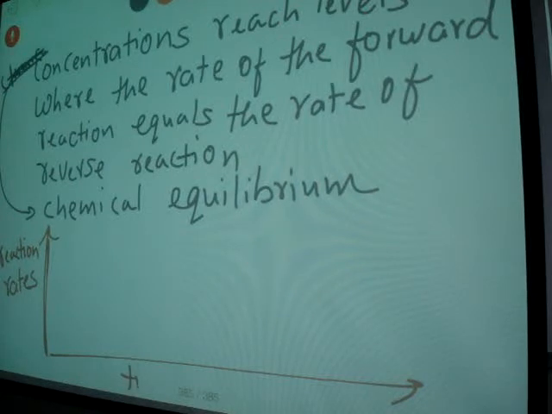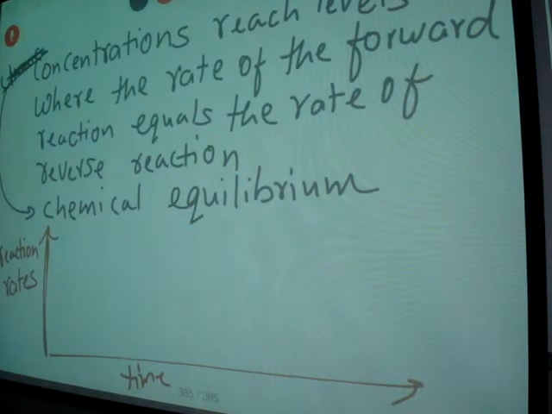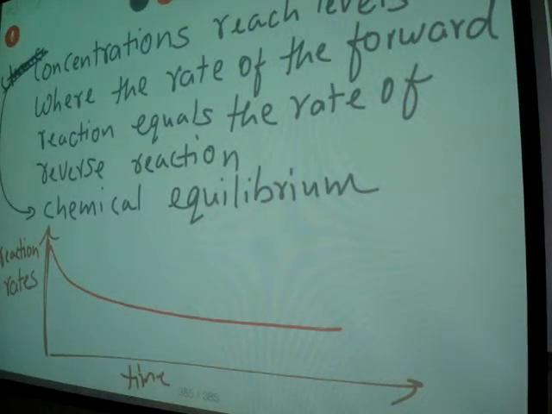When you see the forward rate, let's say it starts from here and levels off, and then the reverse rate starts at 0 and reaches equilibrium.